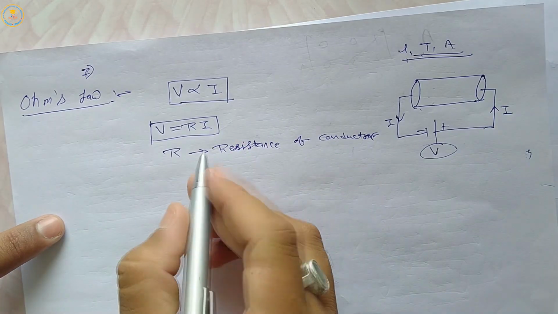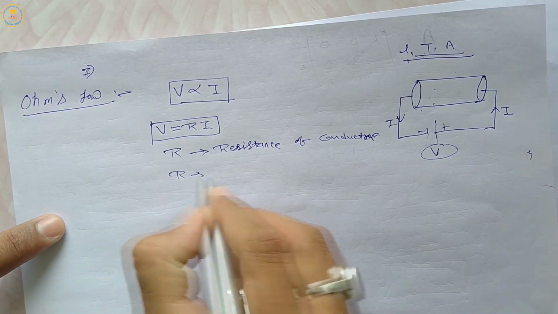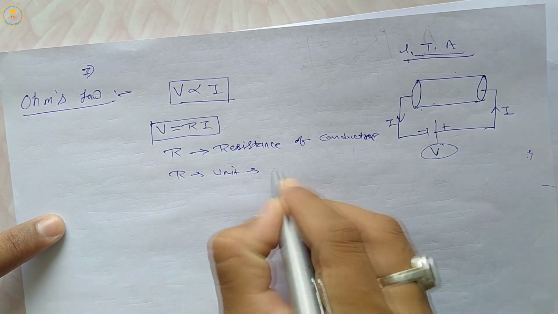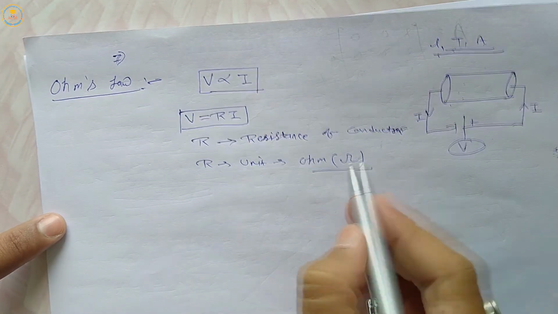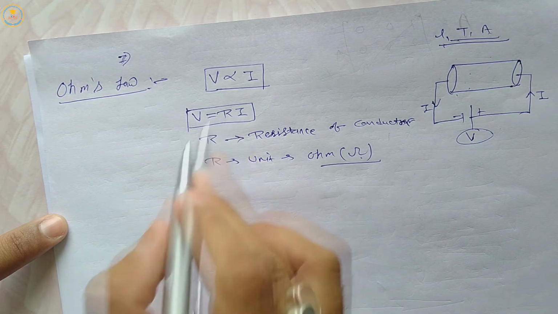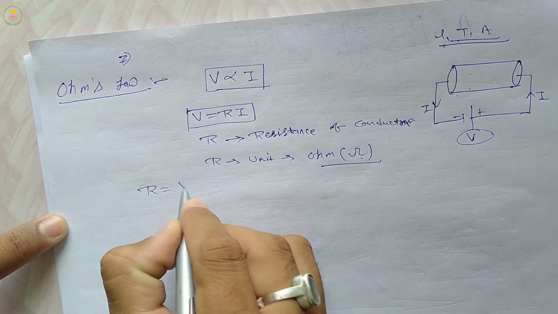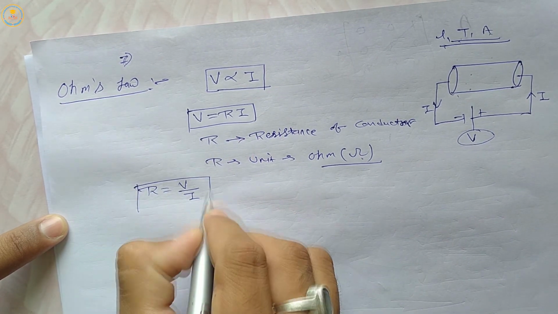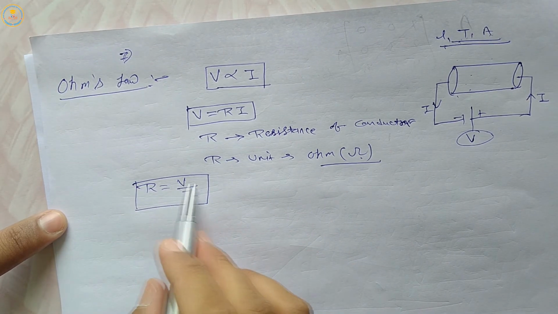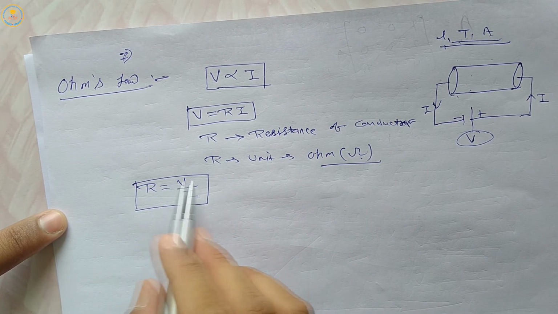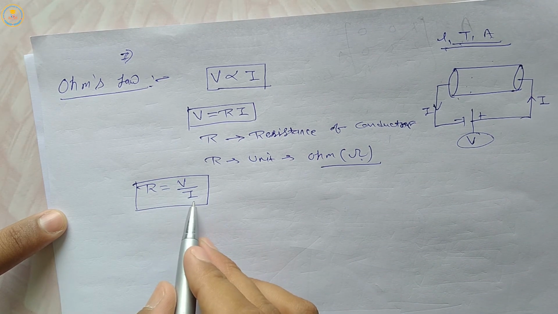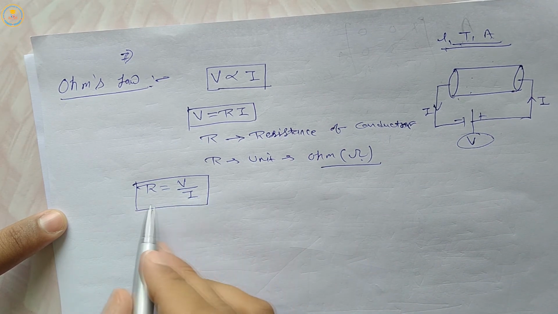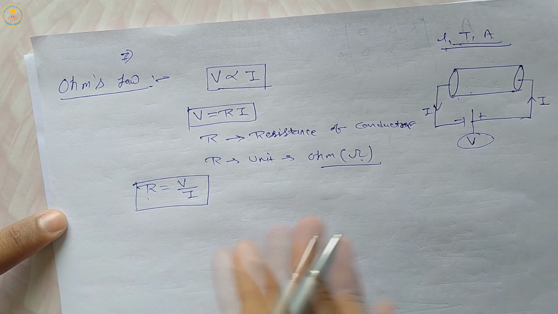The unit of this resistance is ohm, and it is represented by this sign, ohm. So from this equation, R is equal to V upon I. So the ratio of the potential difference applied at the ends of a conductor and the current flowing through this conductor is known as the resistance of that conductor.